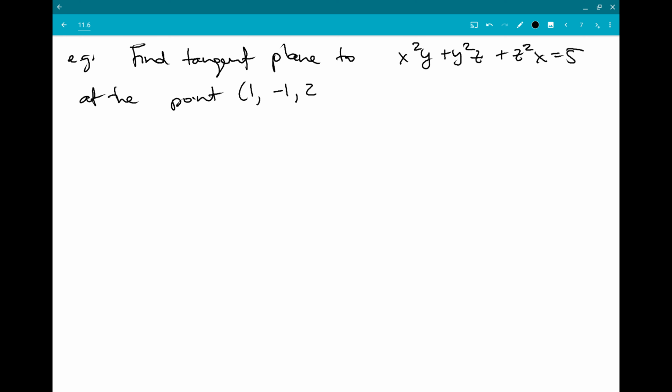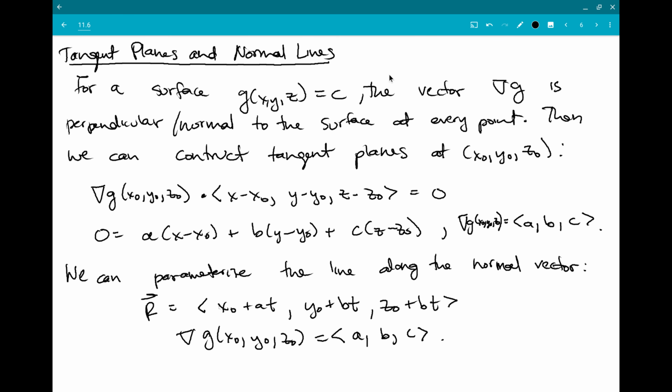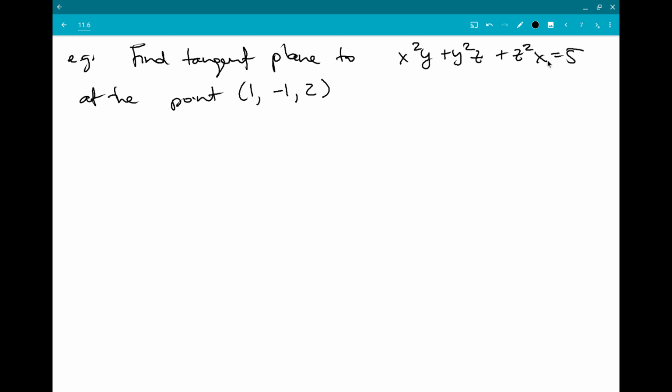First we just have to make sure to read off the function of 3 variables that we actually care about, set equal to a constant. So our g is x squared y plus y squared z plus z squared x. And we're looking for the tangent plane to the level surface of this function set equal to 5.